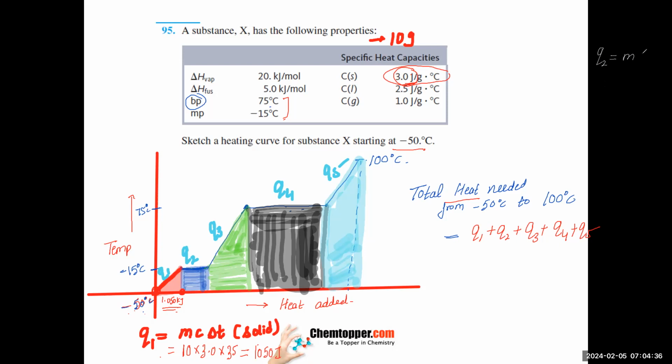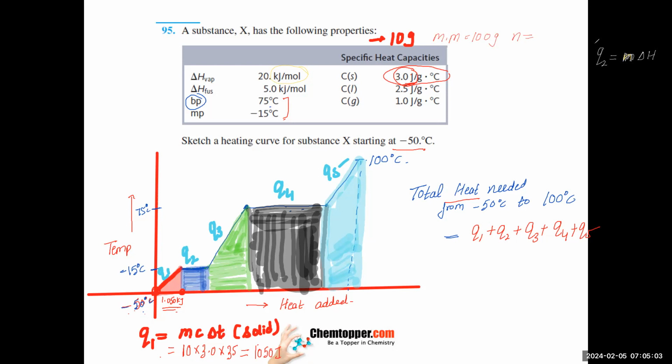N times delta H. Not M, because this value is given in kilojoules per mole. If I say the molar mass of the compound is 100 grams, can you tell me how many moles are there?